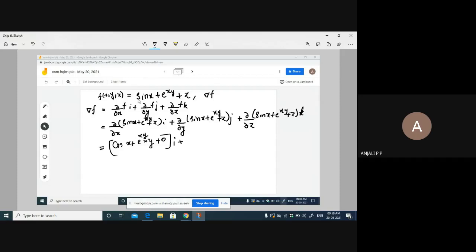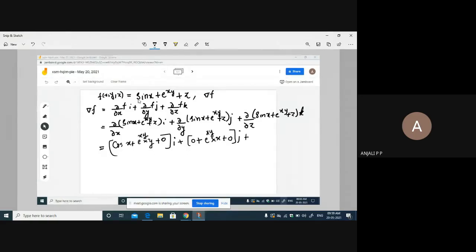We are differentiating with respect to y, but there is no y in sin x, so it is a constant and the answer is 0. Plus e raised to xy: here y is there, so the derivative is e raised to xy into the coefficient of y, that is x. Plus z: here also z is constant, so 0.